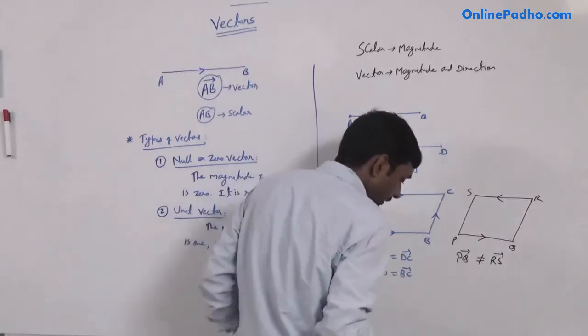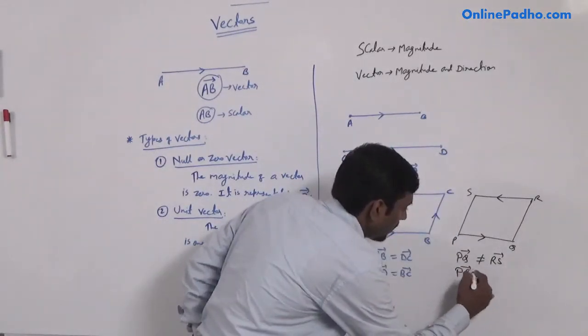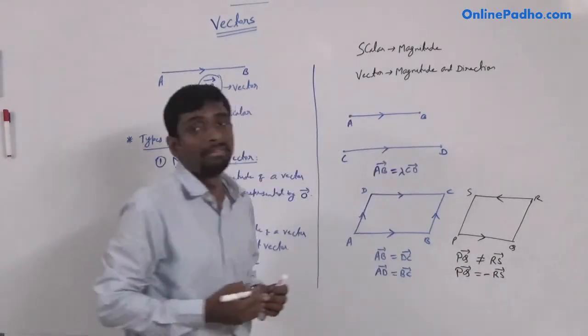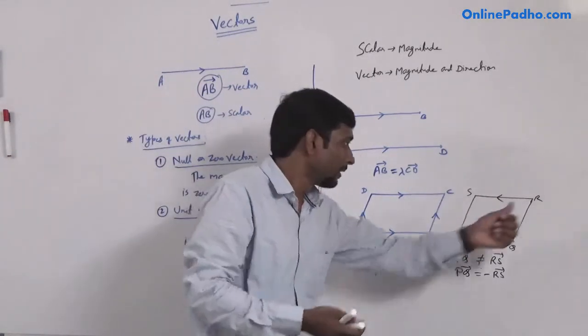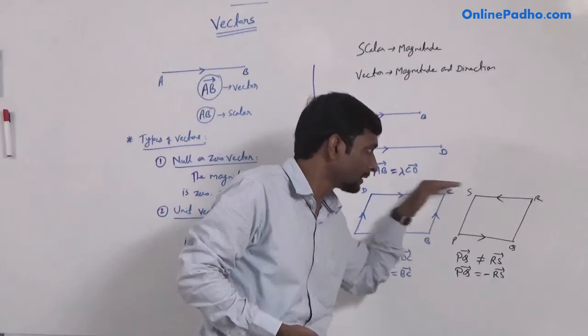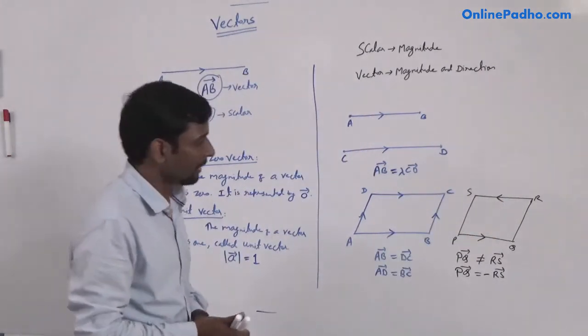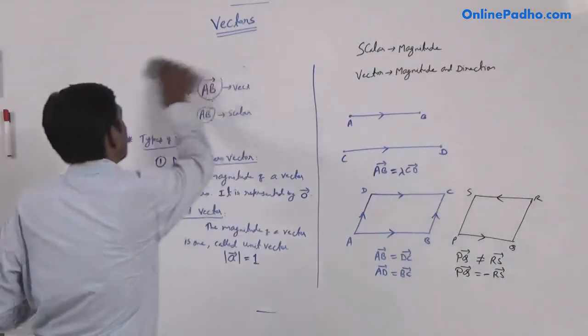In the opposite direction, we can write the negative sign here. You can take PQ vector is equal to minus RS vector. Negative sign you can take because the direction is just opposite. If you take SR, then SR vector is equal to PQ vector. Right? So these are all about the direction. Vector quantity is all about the direction only.